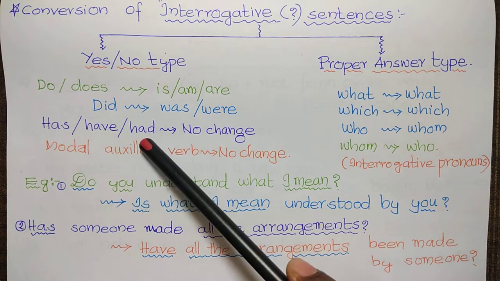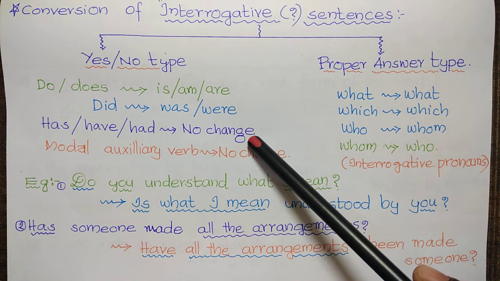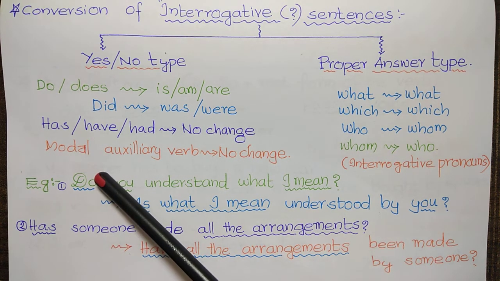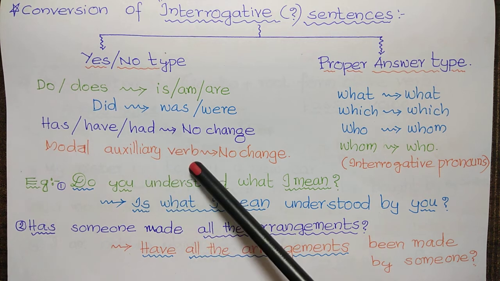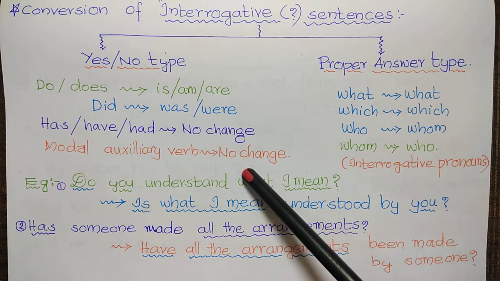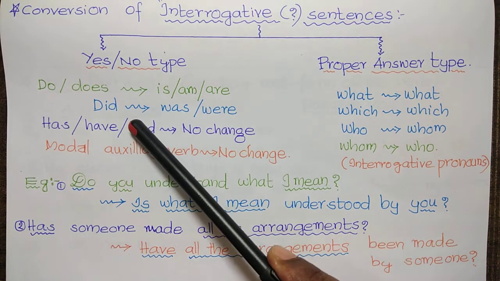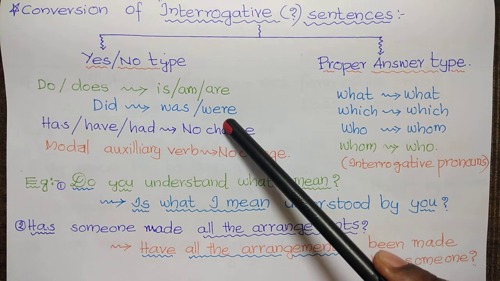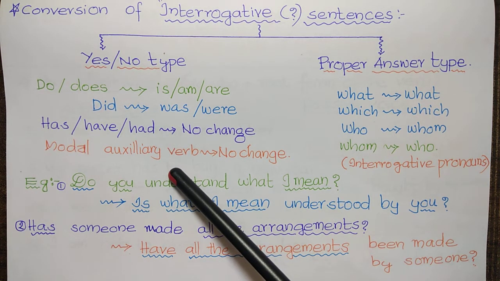We use has, have or had without change. In the same way, in the case of modal auxiliary verbs also there is no change. So do or does changes to is, am or are. Did changes to was or were. Rest, there is no change.